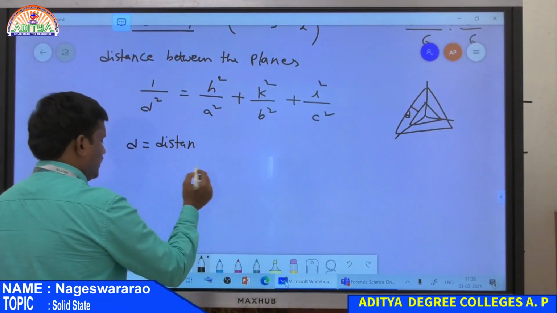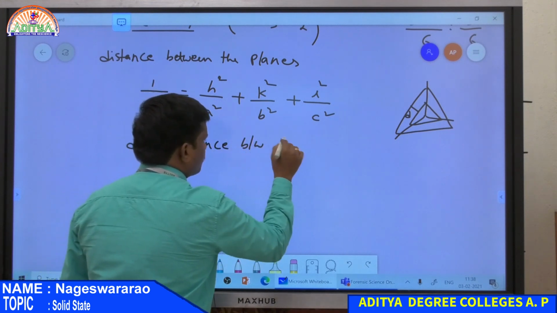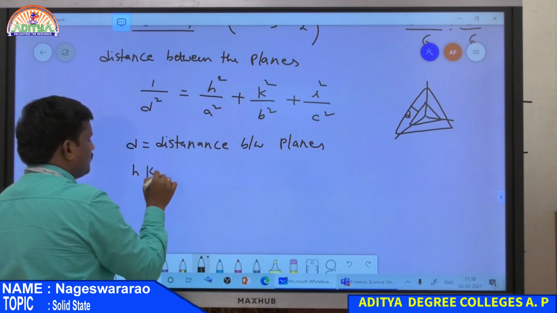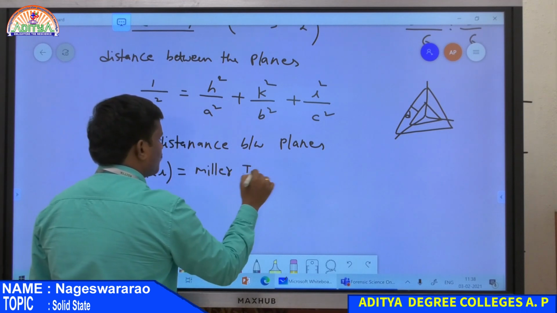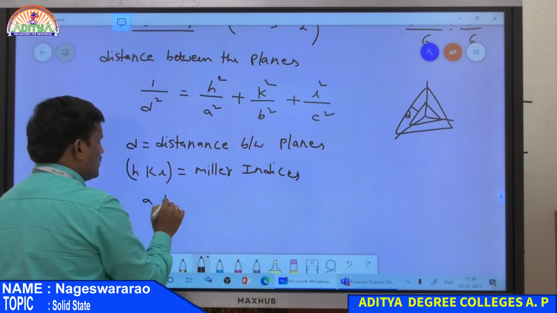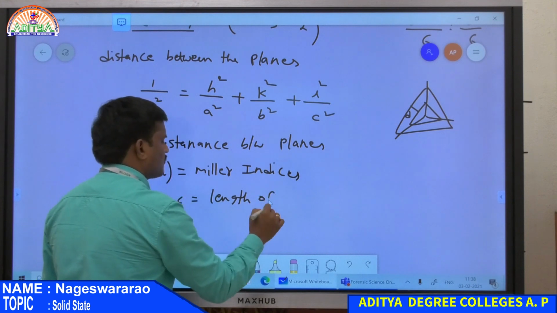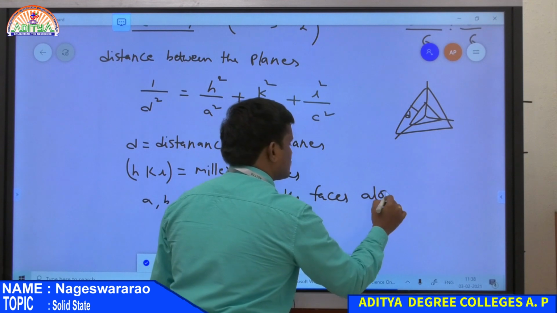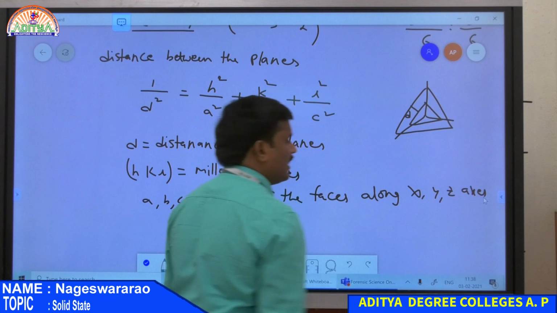Here d is the distance between the planes, HKL are the Miller indices, and finally a, b, c, small a, small b, small c, are the lengths of the faces along the x, y, z axes.